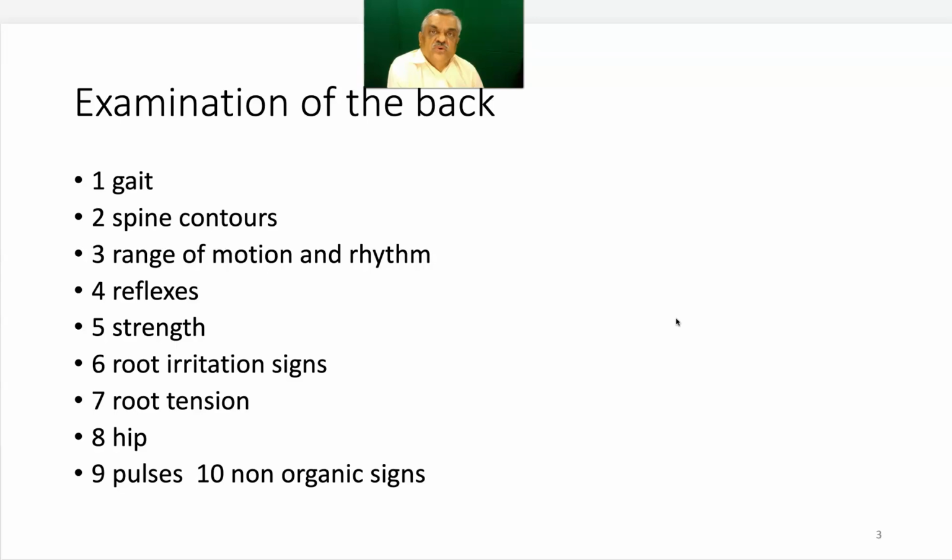Then we have to go for root irritation signs, and in this we must remember that inflammation is the basis of pain, and unless there is a priming of the nerves by inflammation, there cannot be pain. That is number one. Number two, when the nerve is inflamed, there is an upregulation of sodium channels in the nerve, and the nerve becomes extremely tender to touch.